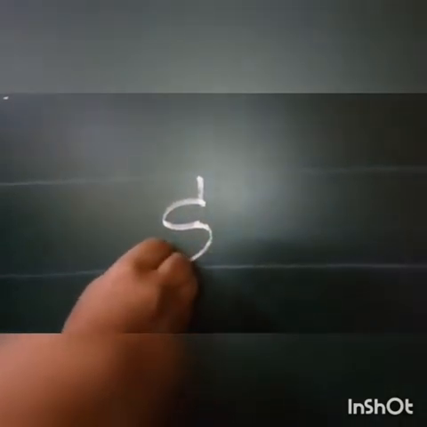Here take a small turn. Touch the bottom line and one sleeping line. Once again, one small standing line, one backward curve, then one more backward curve, join with this and a small turn. Children, don't come out of the line.